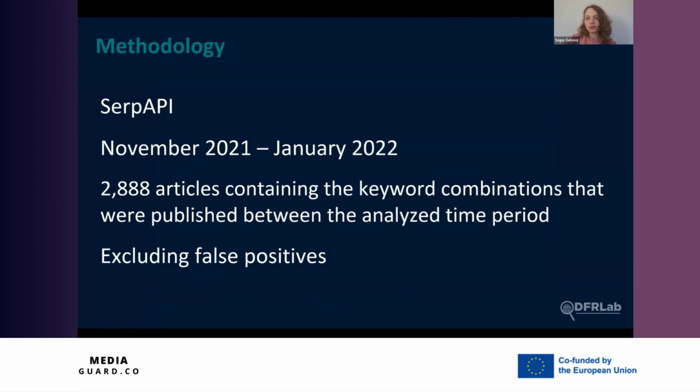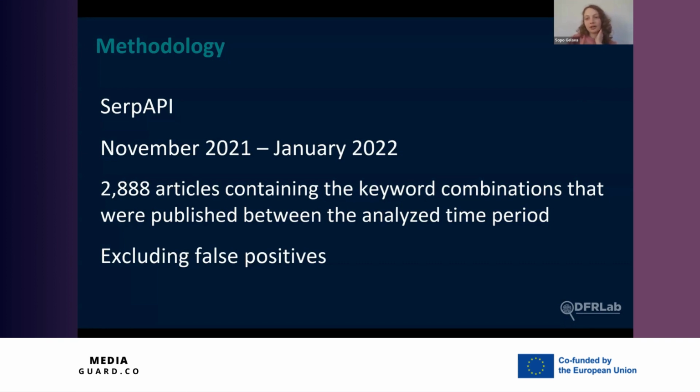The time period of this research was November 2021 to January 2022, because the time frame was the same as when the Maxar Technologies satellite images were published, and it was really interesting to see how these activities were also reflected in the information domain.